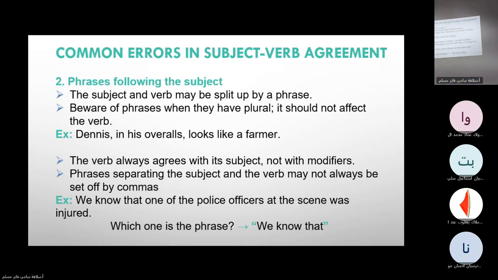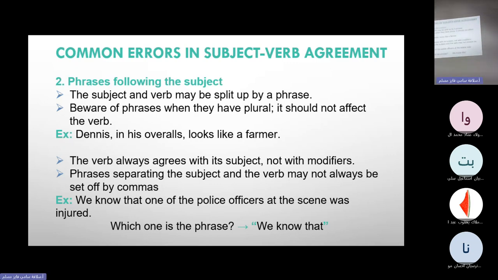Sometimes we don't use two commas to show that there is a phrase that comes between the subject and the verb. Like this one.